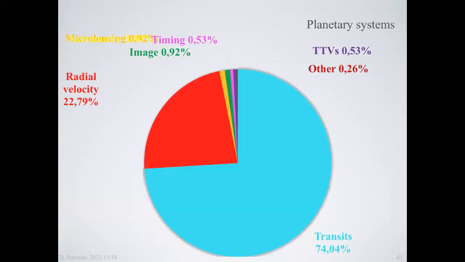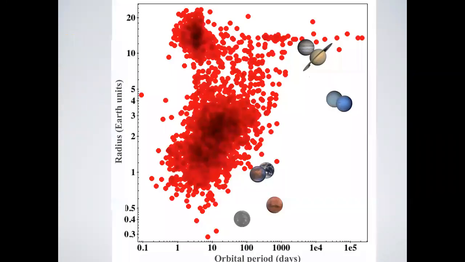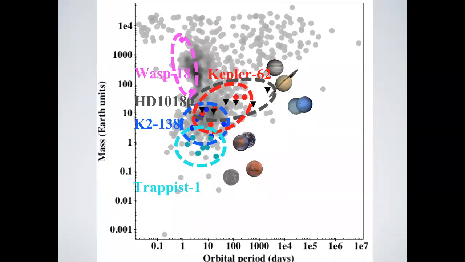Some planetary system taxonomy. Essentially, we have a similar diagram to the one we saw for the planets. This is just for the planetary system, multiple planets within a system. But the methodology that we are using to discover them is the same, of course, and they follow the same pattern. I have shown you this diagram, but just to give you a different view, when we put in this diagram information of other planetary systems, what we get is something like this.